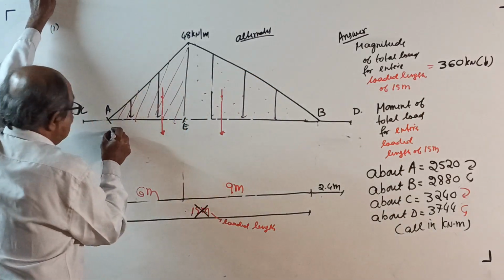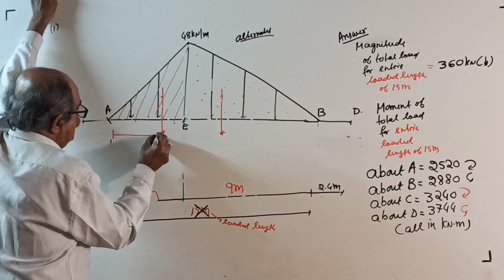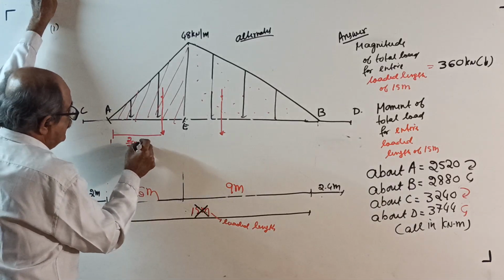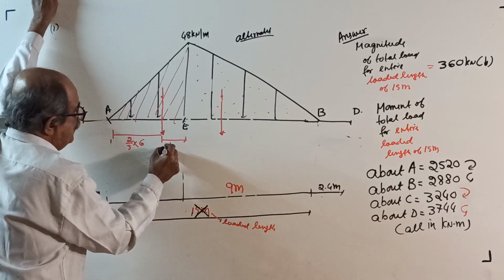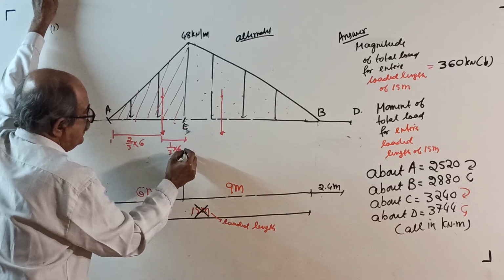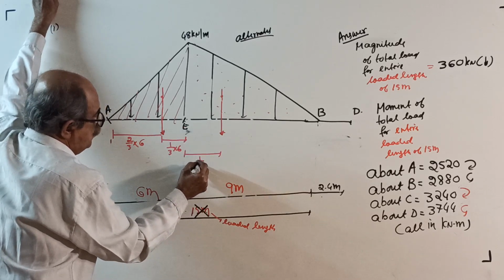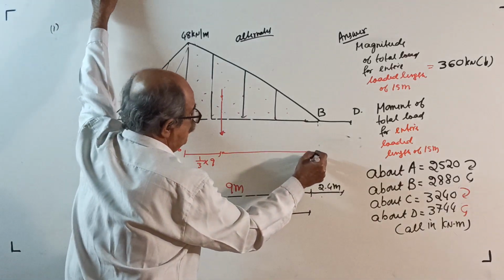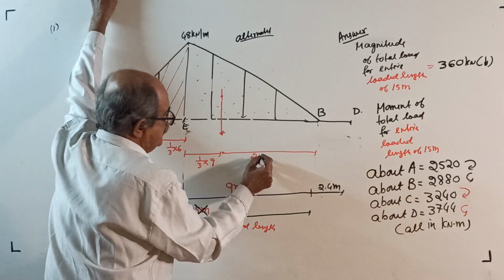Now remember, this distance will be 2 by 3 of 6, this will be 1 by 3 of 6. And here, this distance will be 1 by 3 of 9, this will be 2 by 3 of 9.